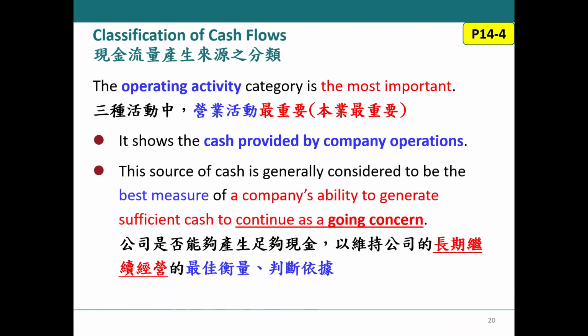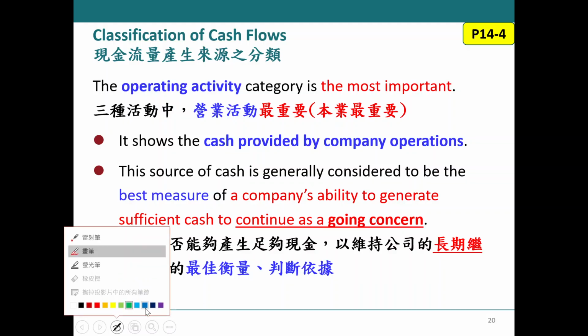Operating activities make sure you have a long-term and stable performance.